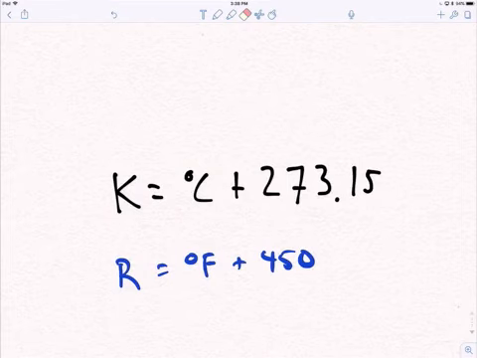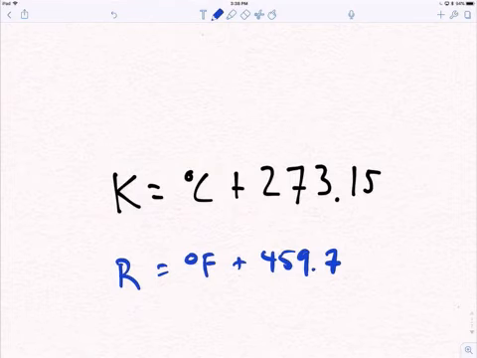So you might see this if you see a temperature in R and you're like, what is this? Like a pirate? It's pirate temperature. No, it's the absolute form of Fahrenheit. So absolute zero is about minus 450 Fahrenheit.